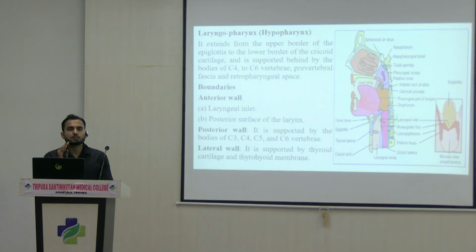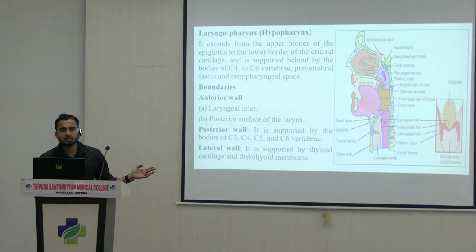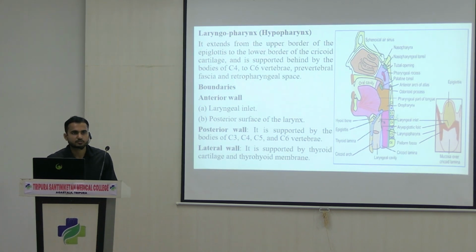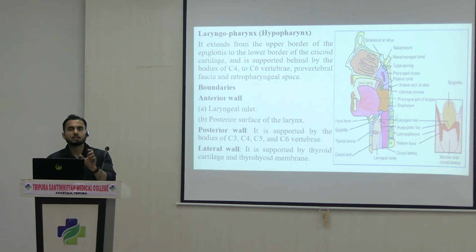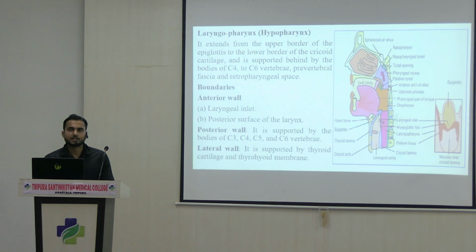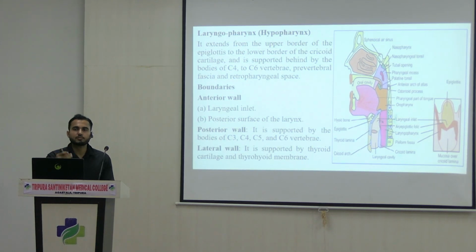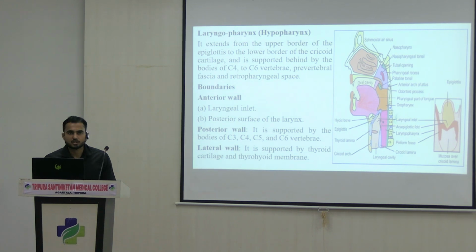How will you study or write the features? Whenever you are mentioning the features, for example of the nasopharynx, can anyone tell me any one or two features of the nasopharynx? In order to know the features, you have to go according to the boundaries: what is present on the lateral wall, what is present on the superior wall. According to the boundary, you have to know the features.